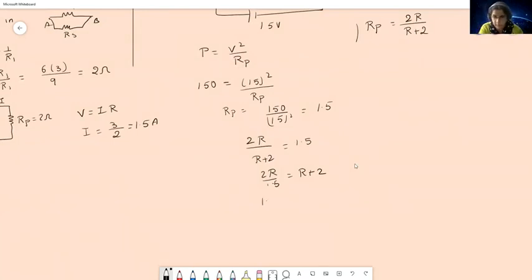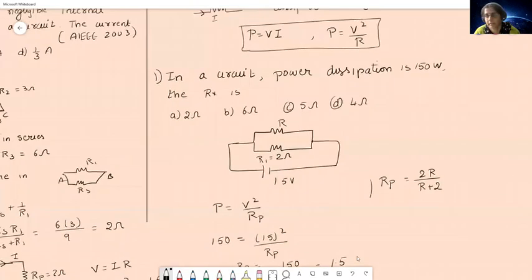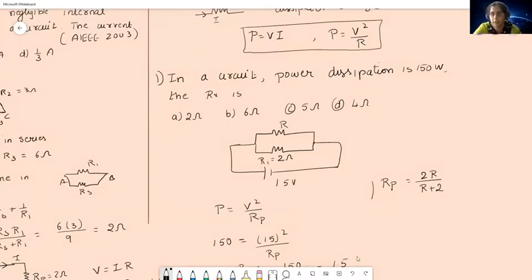So this is going to be 1.3 R equal to R plus 2. So you're going to have 0.3 R equal to 2. So R is going to be 2 by 0.3, which is about 6.6 ohm. So the answer is going to be B, 6 ohm.